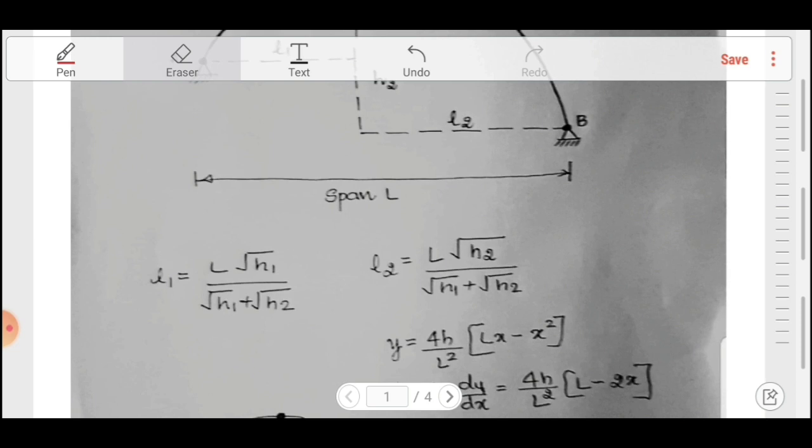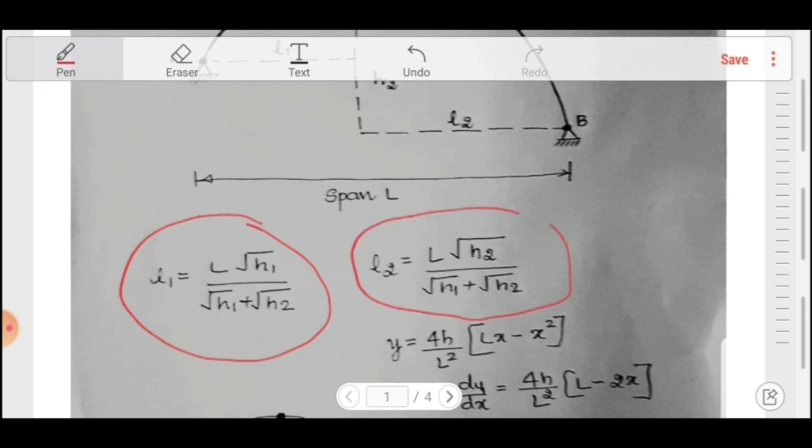That can be found using this particular formula. This is for calculation of length L1, and this is for the calculation of length L2.